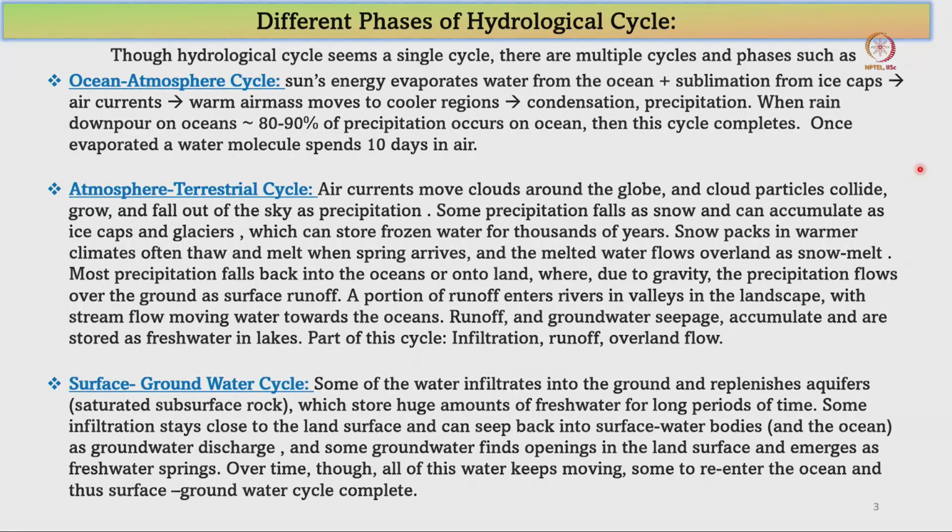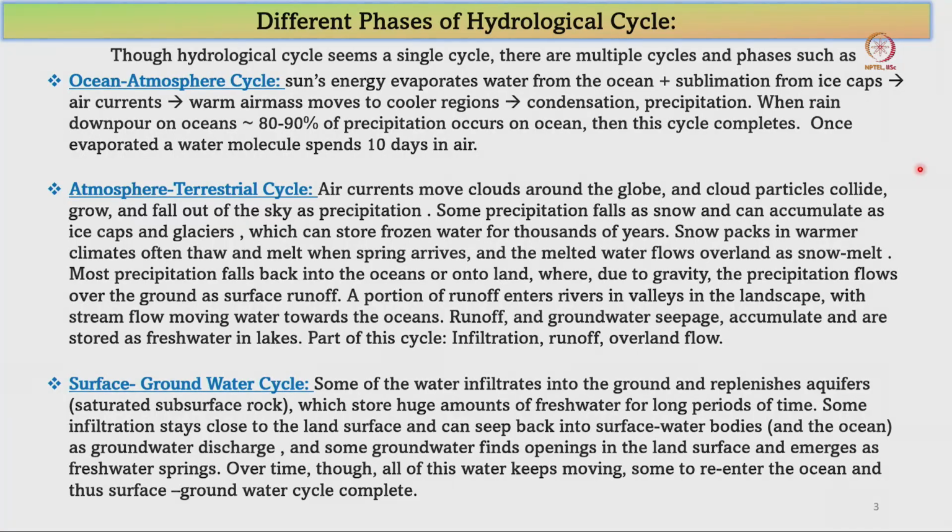So, once it goes back into the atmosphere, this cycle gets completed. The extremely important processes in this cycle are infiltration, how much runoff is being generated, how much overland flow is being generated, and how much evapotranspiration loss is happening.